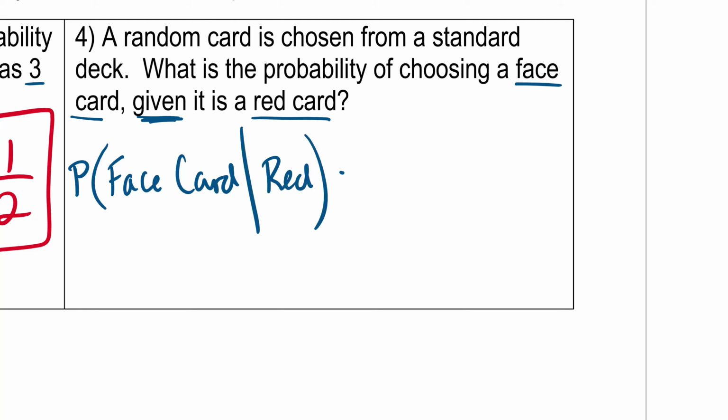Alright, so just like I mentioned earlier, in a standard deck you have spades and clubs that are black, you have hearts and diamonds that are red, so half of the deck is red. So half of 52, because that's how many are in a deck, is 26. So we have 26 red cards.